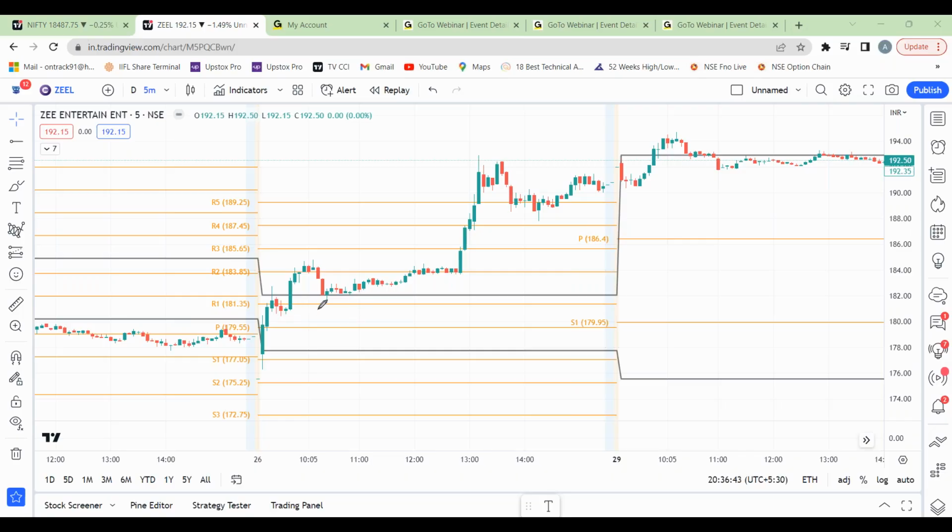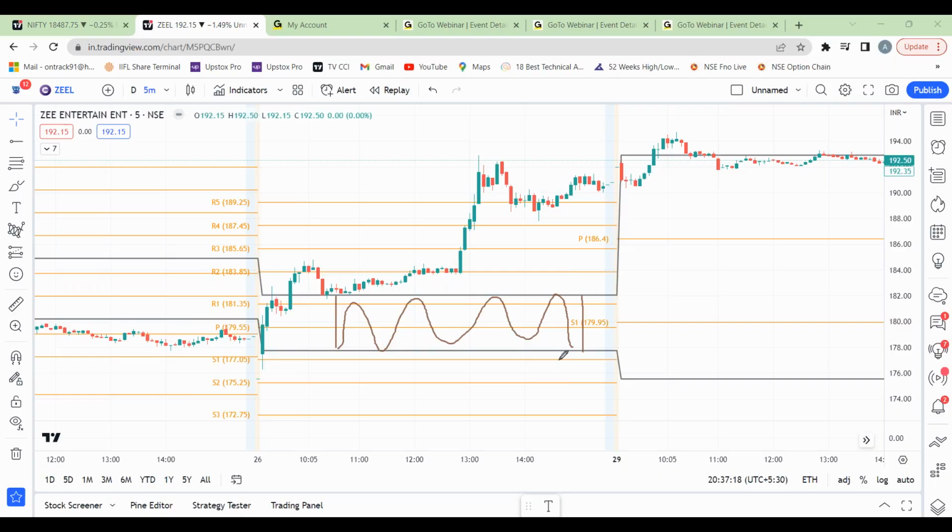Clear? So what happens? See, also understand when stock trades within these lines, in the range between previous day high and previous day low, if you find any stock trading here, this is a consolidation range. You will not get any money when you trade in these levels. Stock will just keep moving up and down from one end to another, but you will not make profits in your trade, specifically in options buying.